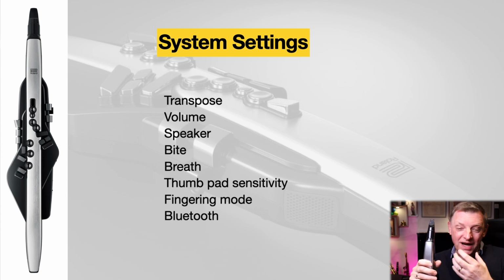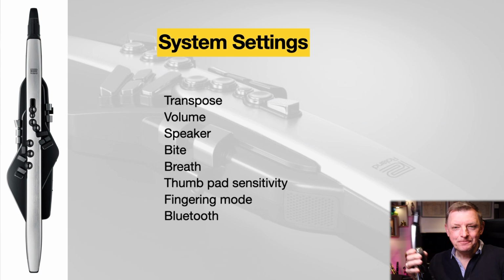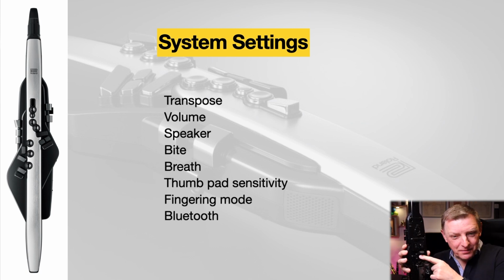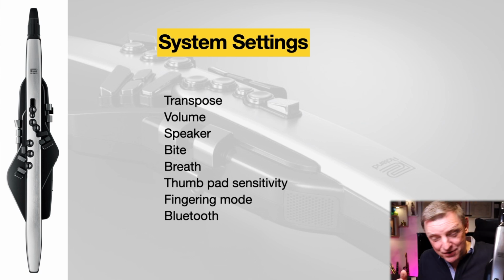We can set up our bite sensor and our breath sensor, the sensitivity of the thumb pad, the fingering mode, whether we want to use the iWii fingering mode or the iSax fingering mode, and then things like the Bluetooth control as well. They're all in the system, in the menu, right here on the Aerophone.